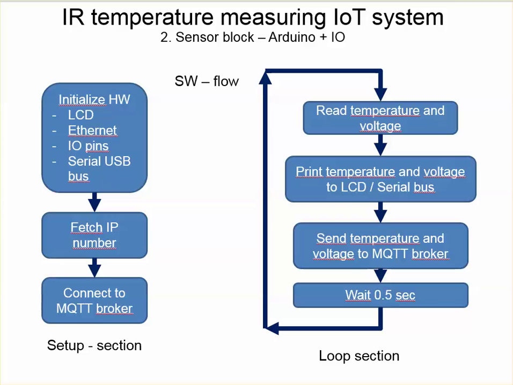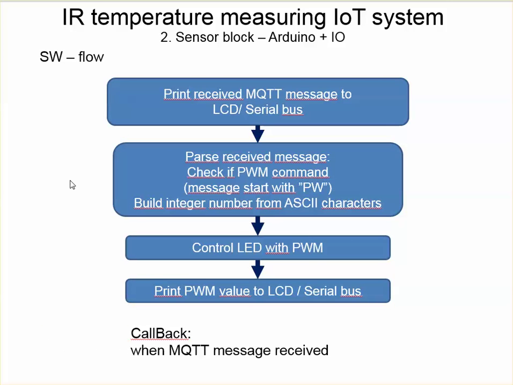Now we have gone through how our sensor values will be sent to the MQTT broker, and next we will check how we handle the incoming messages that are controlling our LED. This was the callback function. First we print these messages to our display, and then we dig out the brightness value in the incoming message.